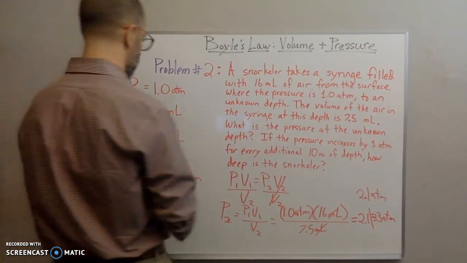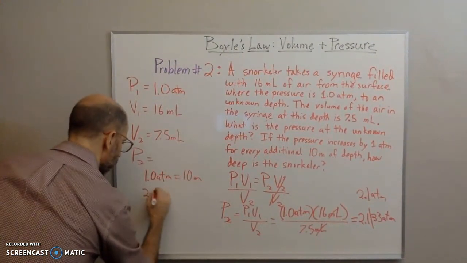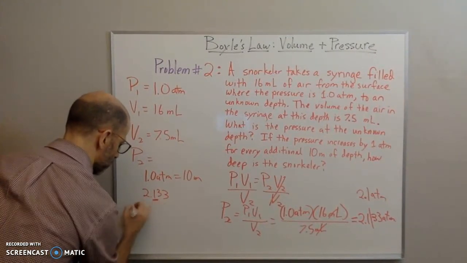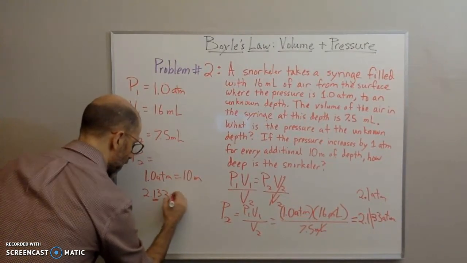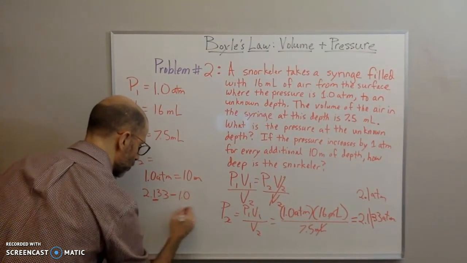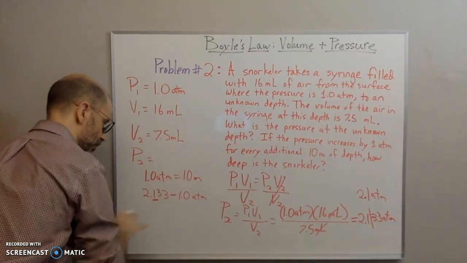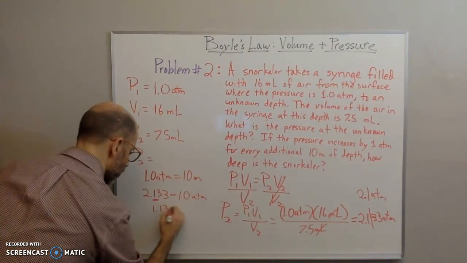So we can do it here. I have 2.133. I'm only allowed 2.1 for sig figs, but I'm going to use the 2.133. And I'm going to subtract out 1.0 atmospheres. So the difference in the pressure is going to be 1.133.